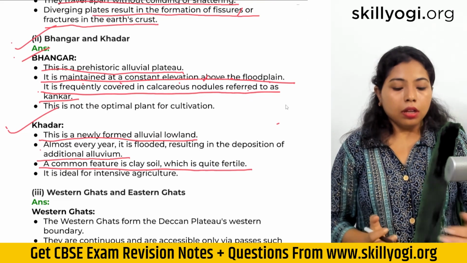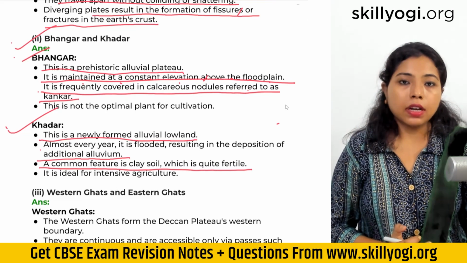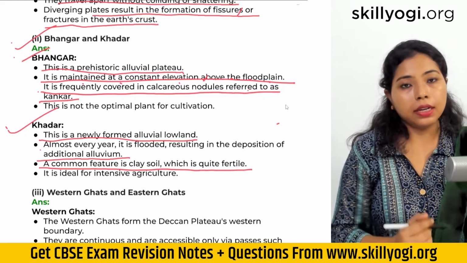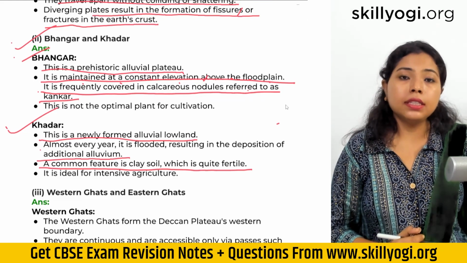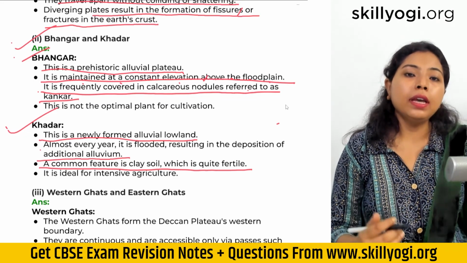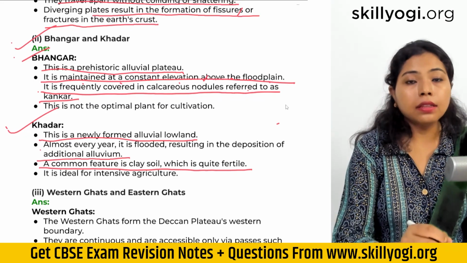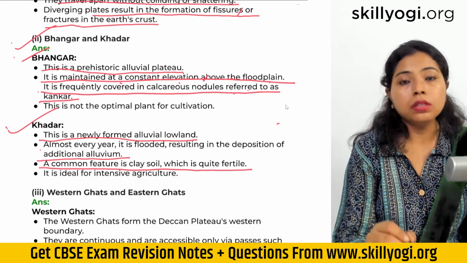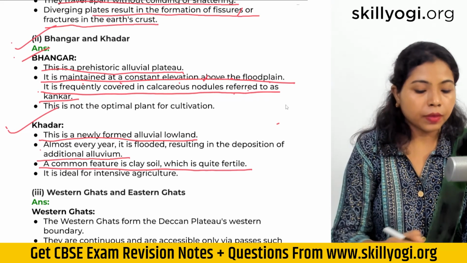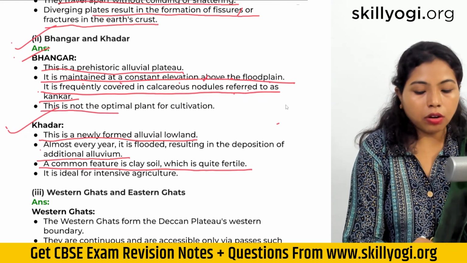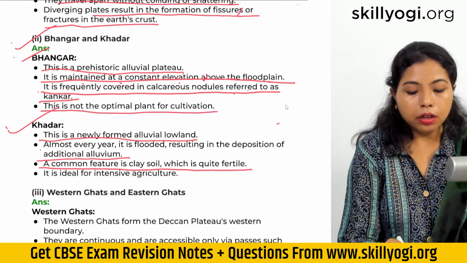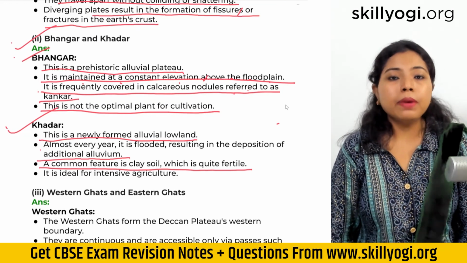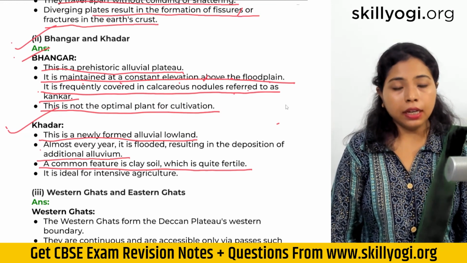So the soil of the Khadar region is more fertile than the Bhangar region, because the Khadar region is made up of newly deposited alluvium soil, while the Bhangar region is made up of calcareous nodules, that is the kankar. Next, this is not optimal for cultivation. So Bhangar is not an optimal region for cultivation in India.